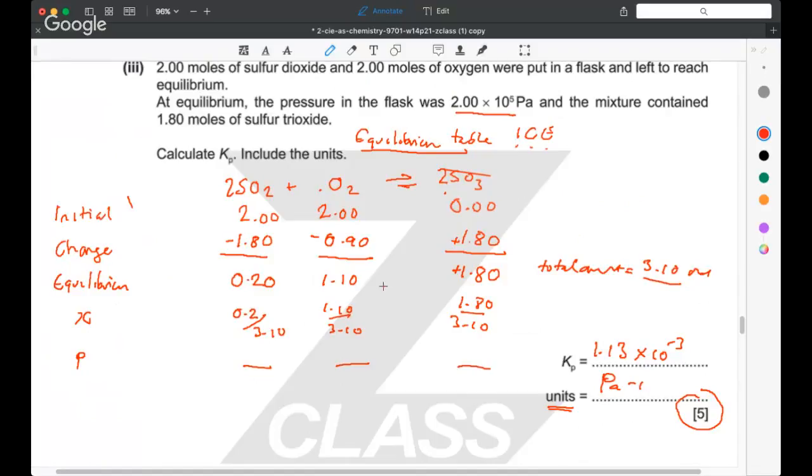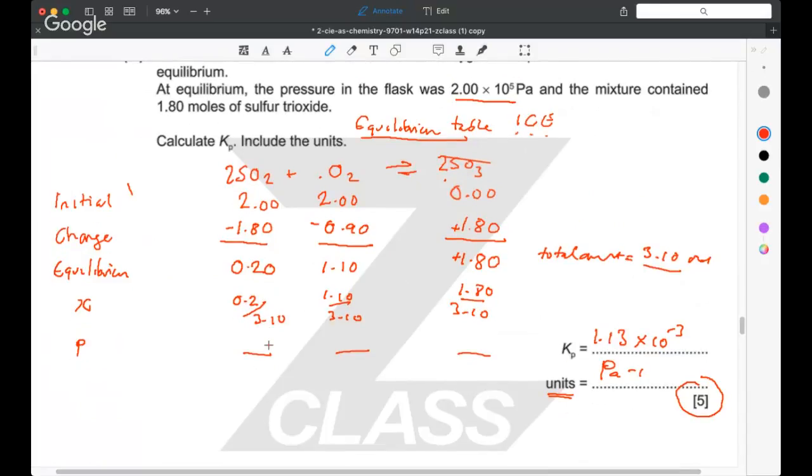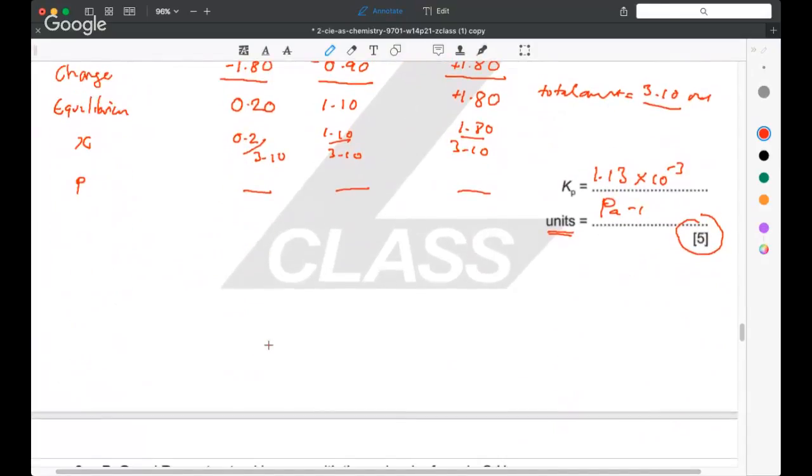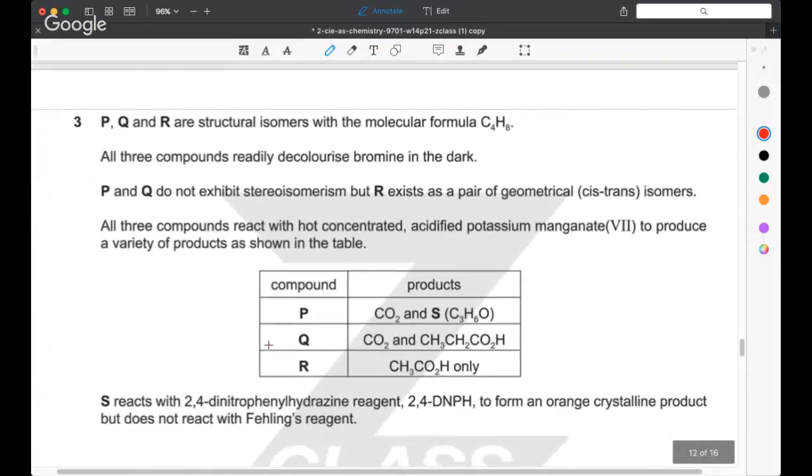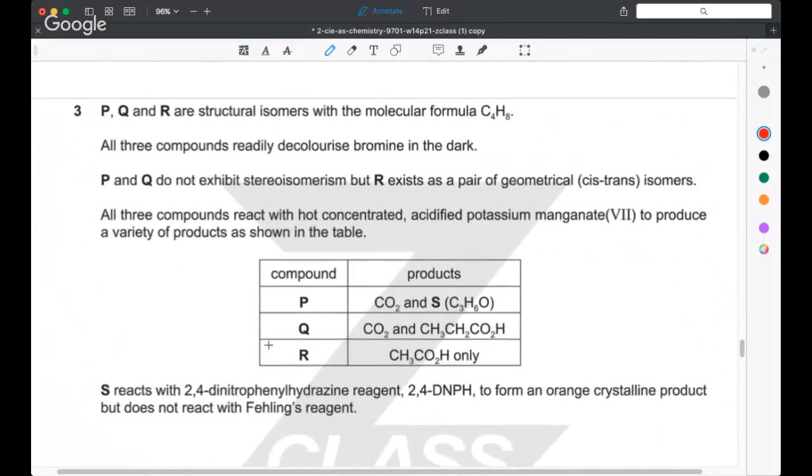From the equilibrium amounts, that's the hard work done. Then work out the mole fraction, work out the partial pressures, substitute the partial pressures into the equation, do all the work on your calculator, and you work out the result. So that's a lot of marks up for grabs there, and students aren't using those equilibrium tables to get those marks.